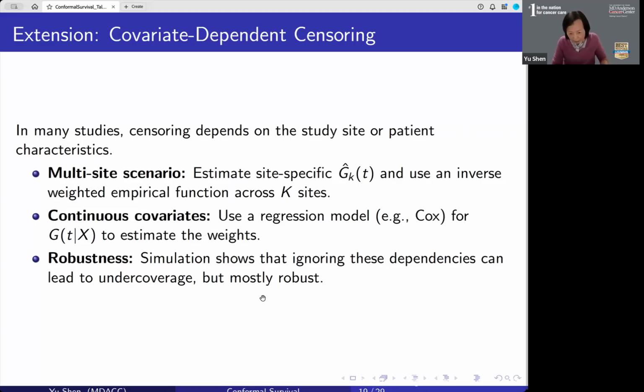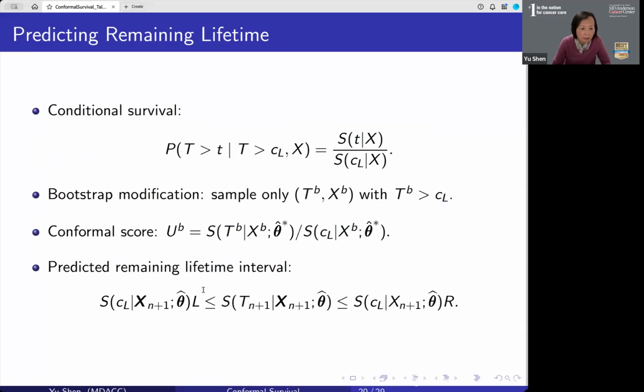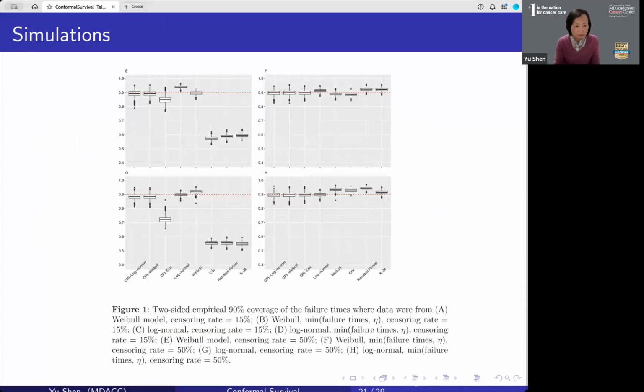But when the association between covariates and censoring time is very strong, that can lead to undercoverage of the predictive interval. For predicting remaining lifetime, we can just modify our conformal score to incorporate this conditional component, and derive the remaining lifetime interval similarly. I'd like to use some time to show some numerical results.